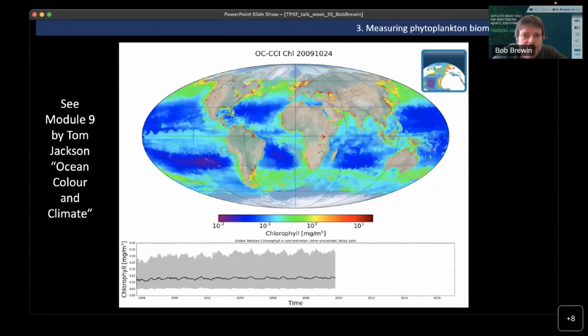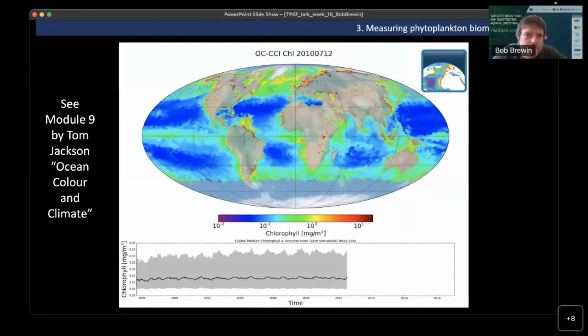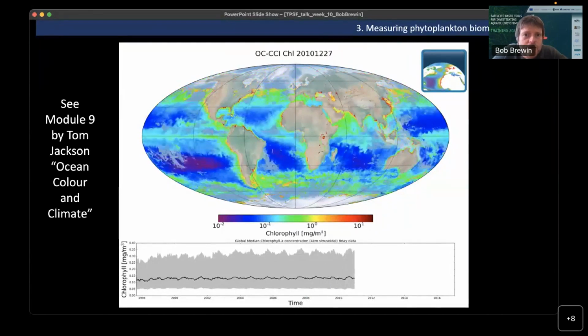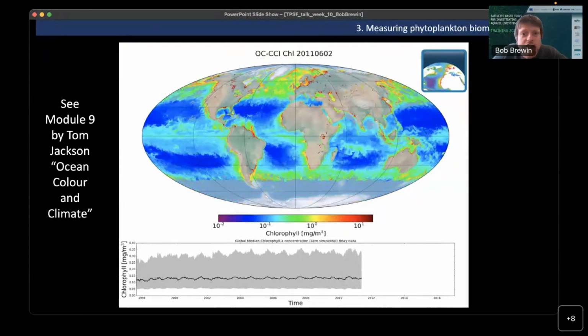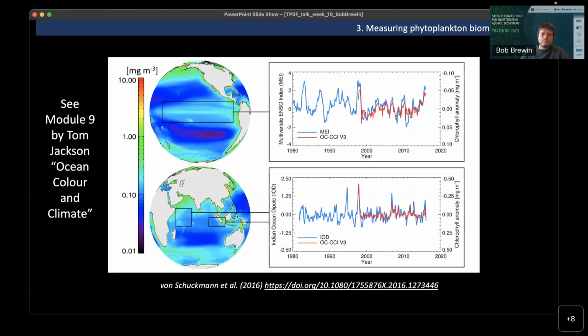We can really get detailed patterns of how the phytoplankton biomass in the ocean changes seasonally, changes spatially, and also changes at interannual timescales. And that's sort of illustrated in this figure here.